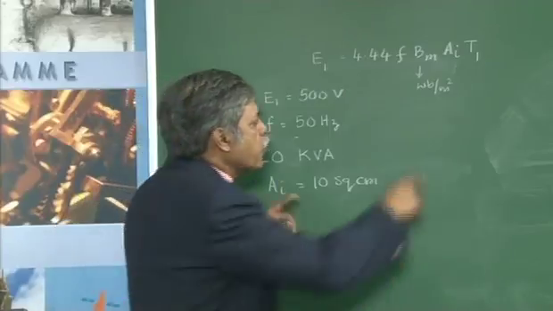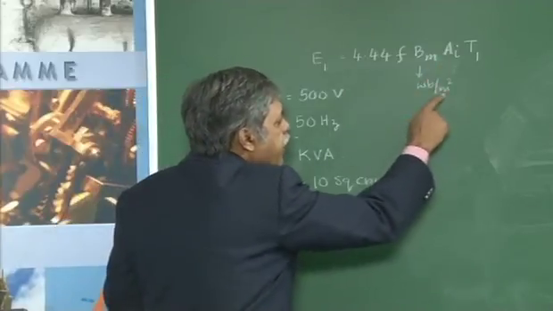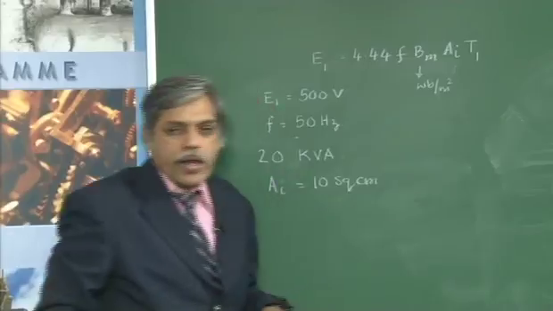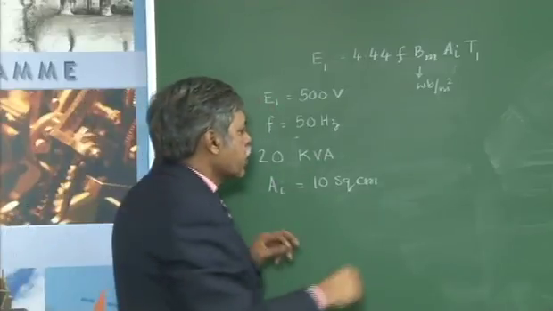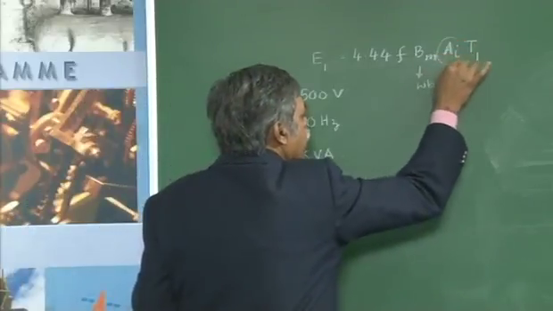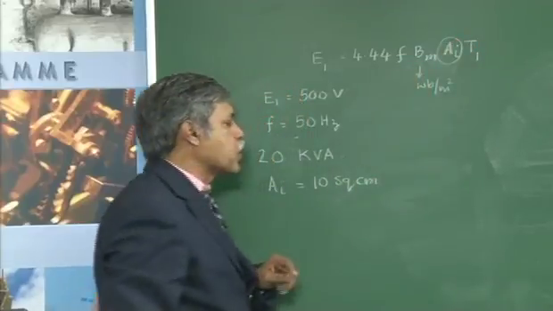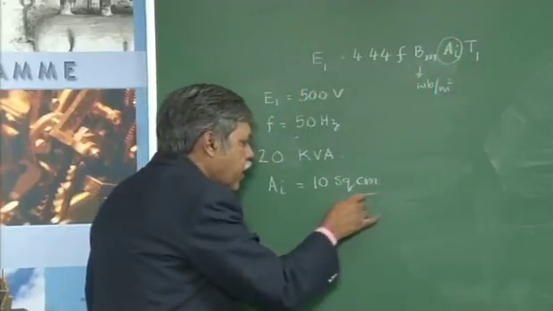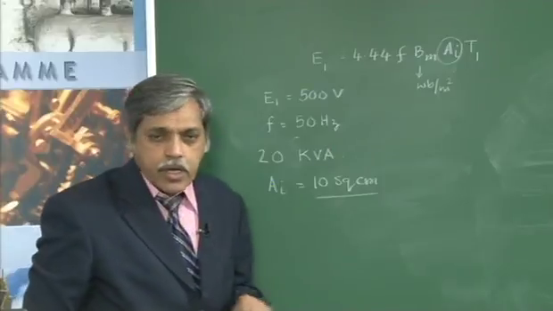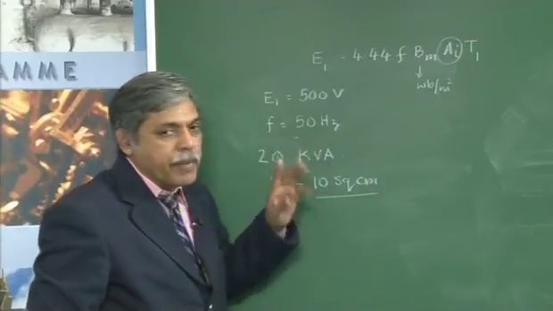Therefore, when you substitute the area here, I need to cancel this meter square. So the area that you are using here should be substituted in meter square, but it is given in square centimeters. We need to convert that to meters.